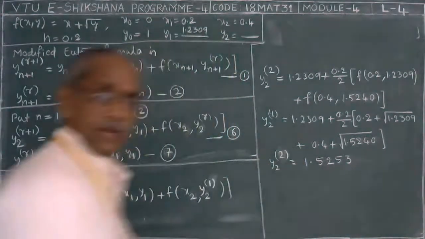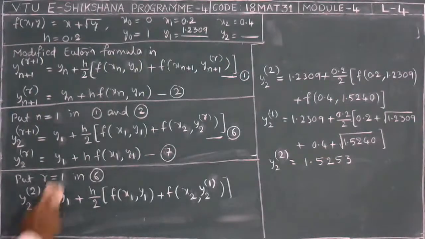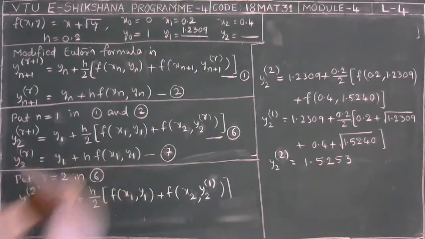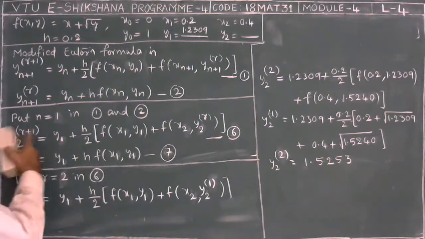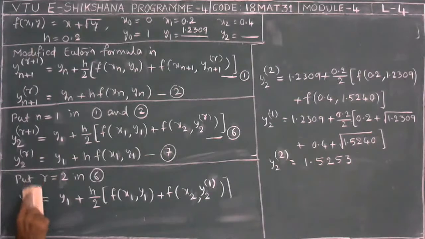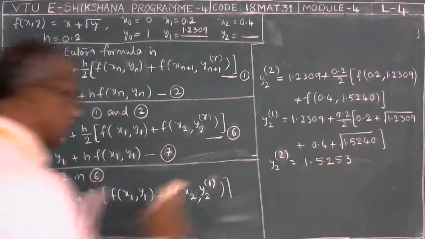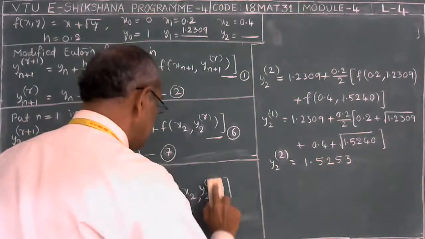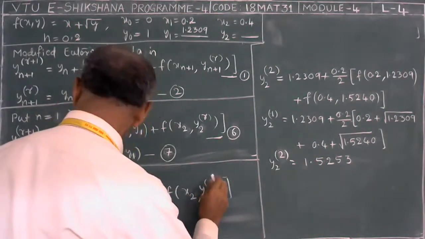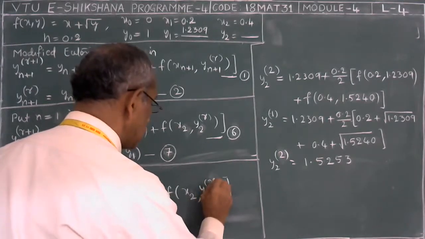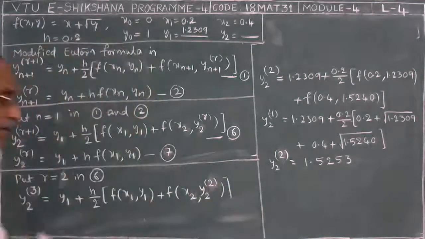So we fix r is equal to 2 in 6 to get the third iteration. Put r is equal to 2 in 6, then 2 plus 1 is 3. So y2 3 is equal to y1 plus and so on. This will only change here, r is 2, so y2 r is y2 2.